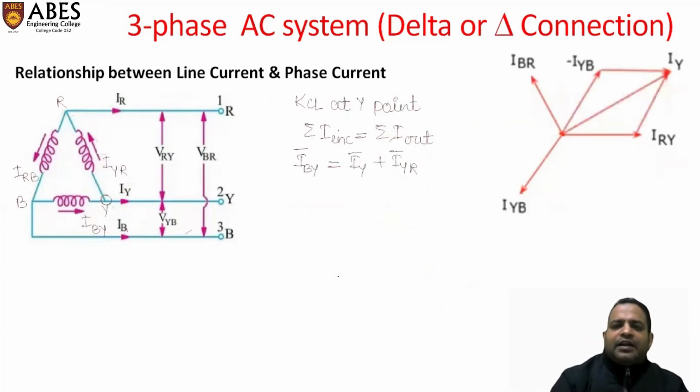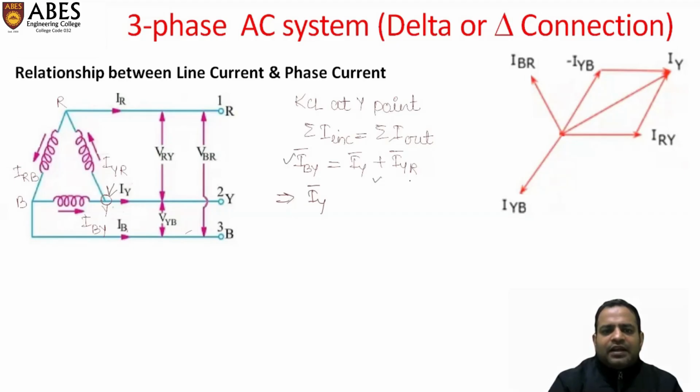Similarly, to find the value of line current IY, we are taking KCL at this Y point. So the incoming current is IBY, and the outgoing currents are IY and IYR.